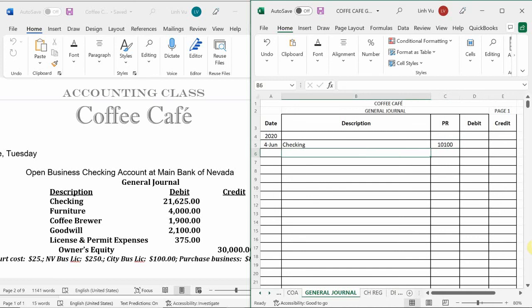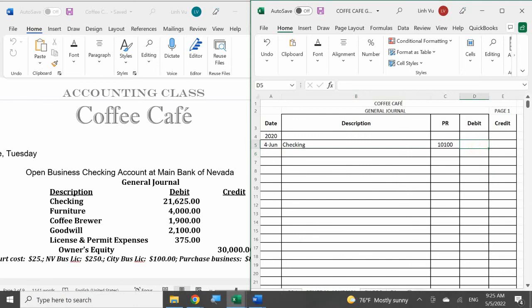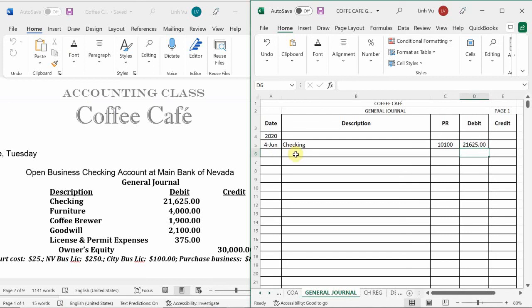So you got checking, 10100. That's the account. And how much money did we put in there? We put in $21,625. Next account is furniture, because we bought furniture for $4,000 when we bought the company.